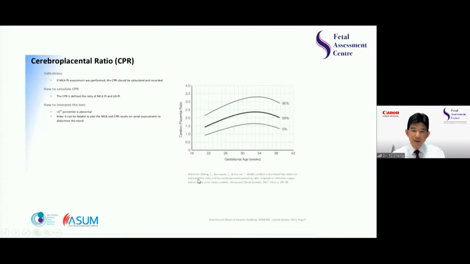And this is the chart from Ebbing and colleagues published in 2007, whereby you measure the middle cerebral artery PI and then you divide it by the umbilical artery PI, and then you get a ratio or number, and then you plot it on the graphs. And the lower the CPR, the more cerebral sparing has occurred, and the greater the severity of the fetal growth restriction. So this is the premise on which the CPR is derived.